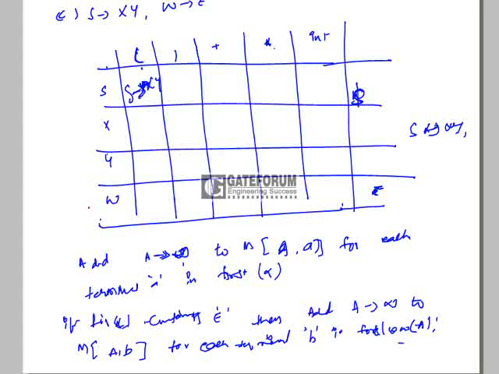This production should start with W, and the right hand side of that production should lead to dollar.